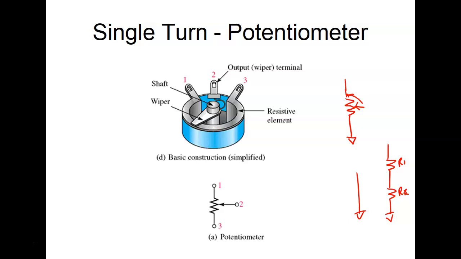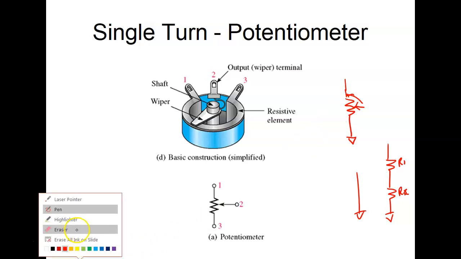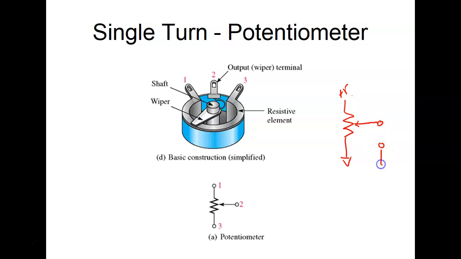So what that means is if I come over here and put plus 5 volts at the top, and put a meter across 1 and 3, let's say, what would happen?